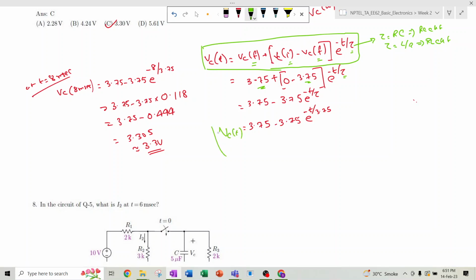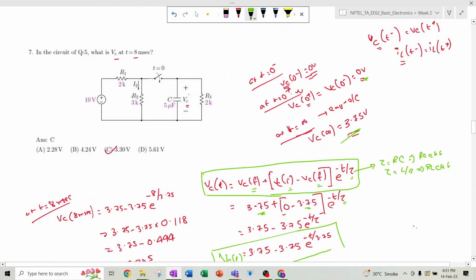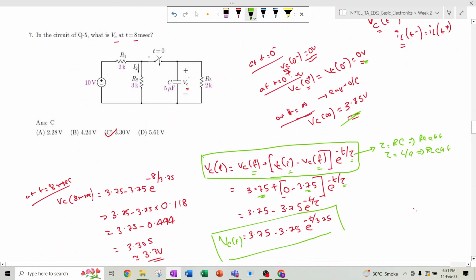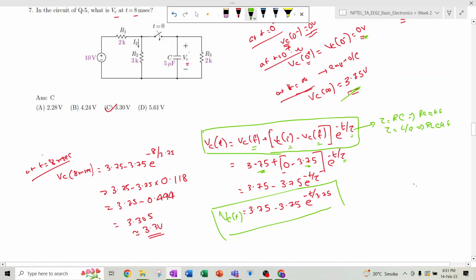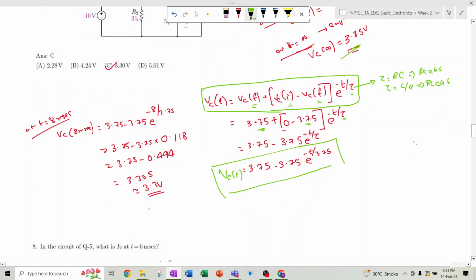By this equation we can find the value at any point of time, for example 4 millisecond, 5 millisecond, 6 millisecond. In this question it is asked what is the value of Vc(t) at t equal to 8 millisecond. Putting t as 8, we found the voltage across the capacitor is 3.30 volt.